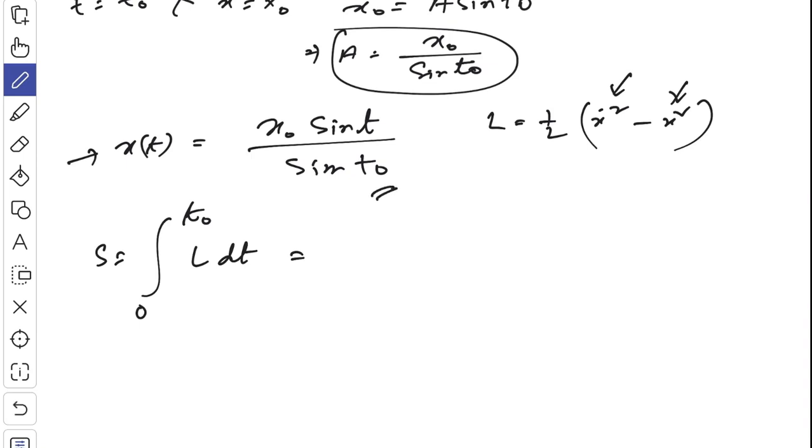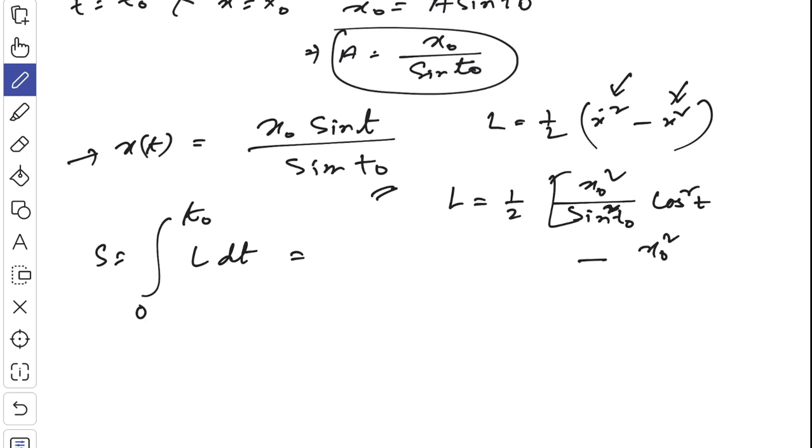After putting these values, what are we going to have? x naught square by sine square t naught, times cos square t, minus x naught square by sine square t naught, times sine square t. So we have got this.